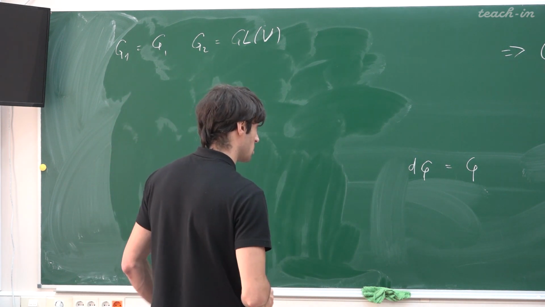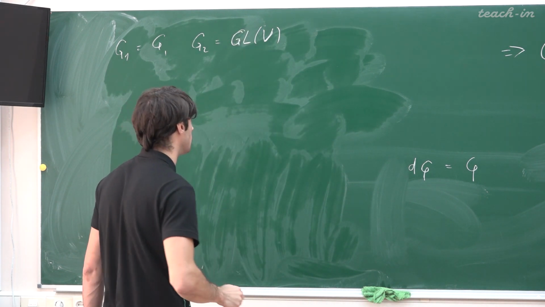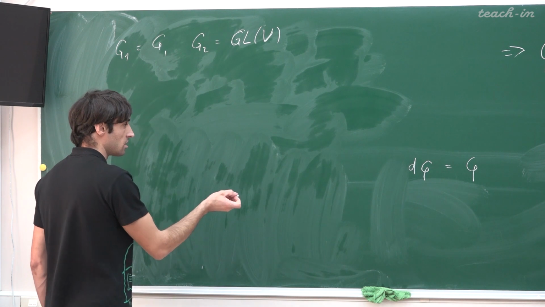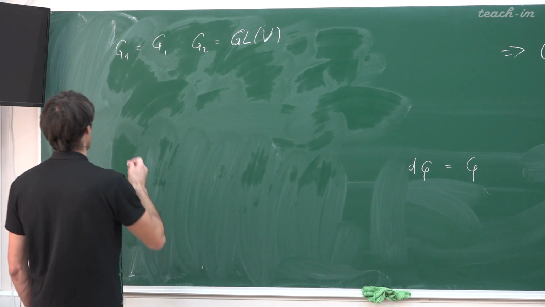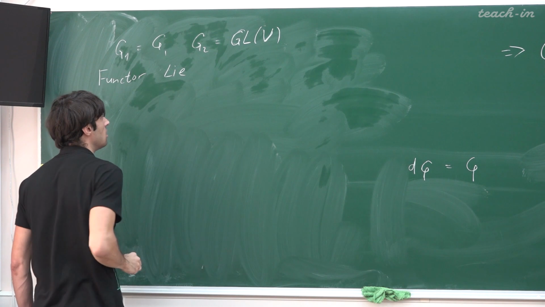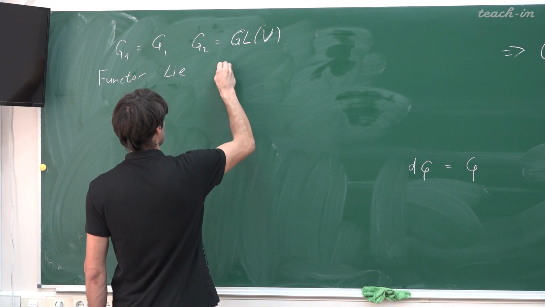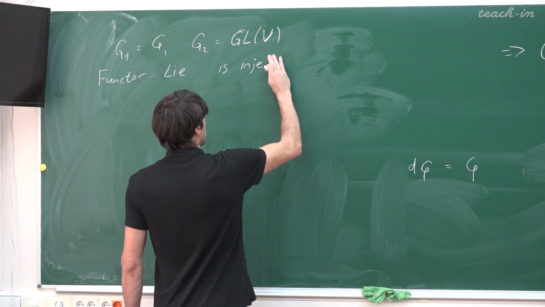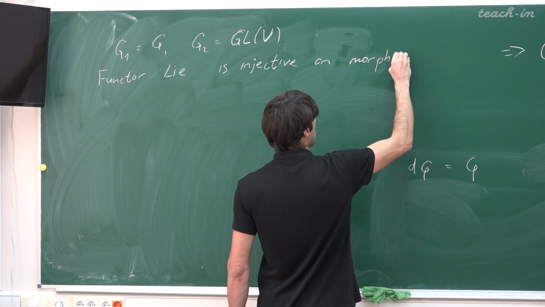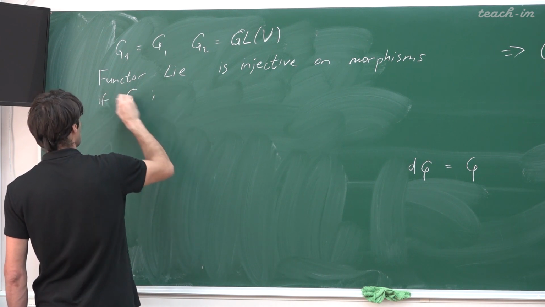And so this statement says that the functor Lie is injective on morphisms if G is connected.